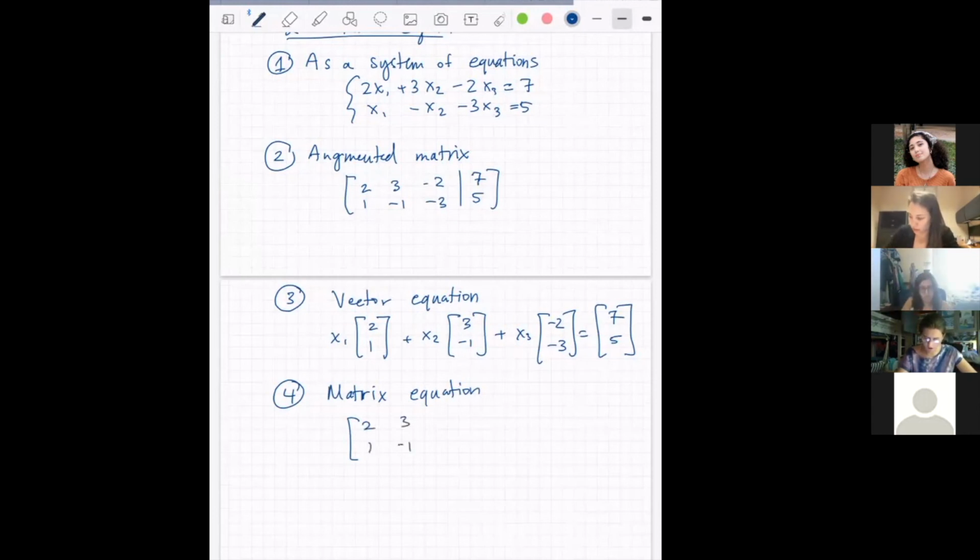So we have our matrix times x, which is our vector of variables, right? And then we set that equal to 7, 5, right? Okay. So this is in the form Ax equals b. Could you write out the x vector as x1, x2, x3? Yeah, you could.